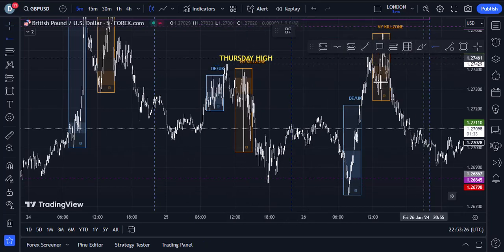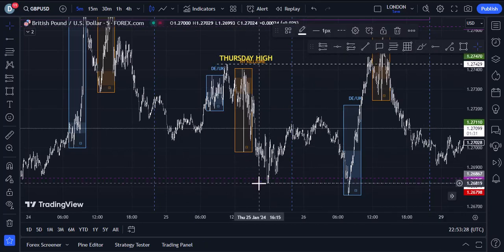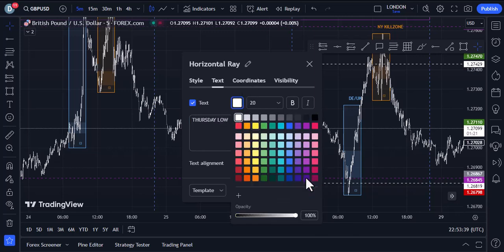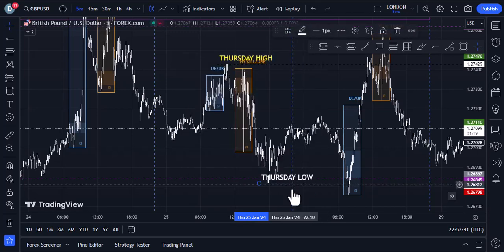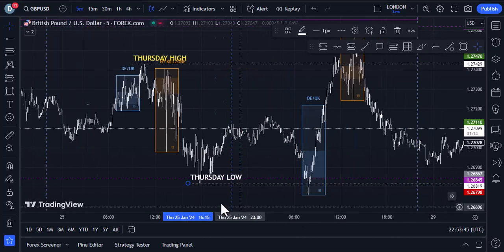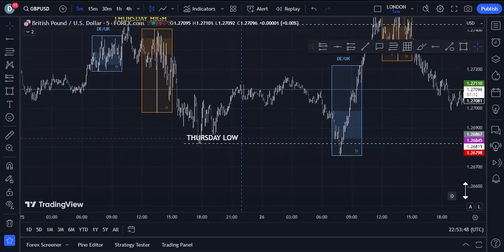And then we also have another one here, and that's Thursday low. Okay, so this is Thursday low. It's what we are looking at moving into the new trading day.